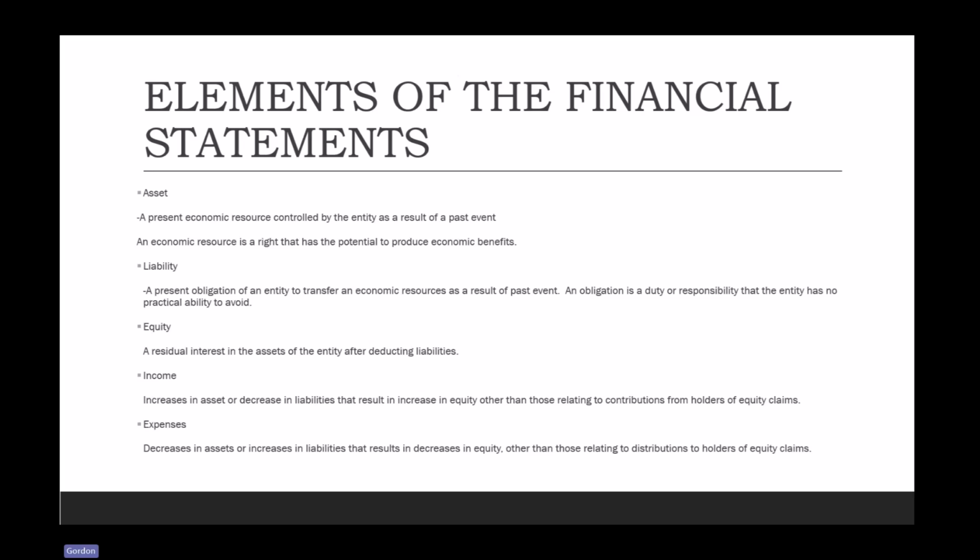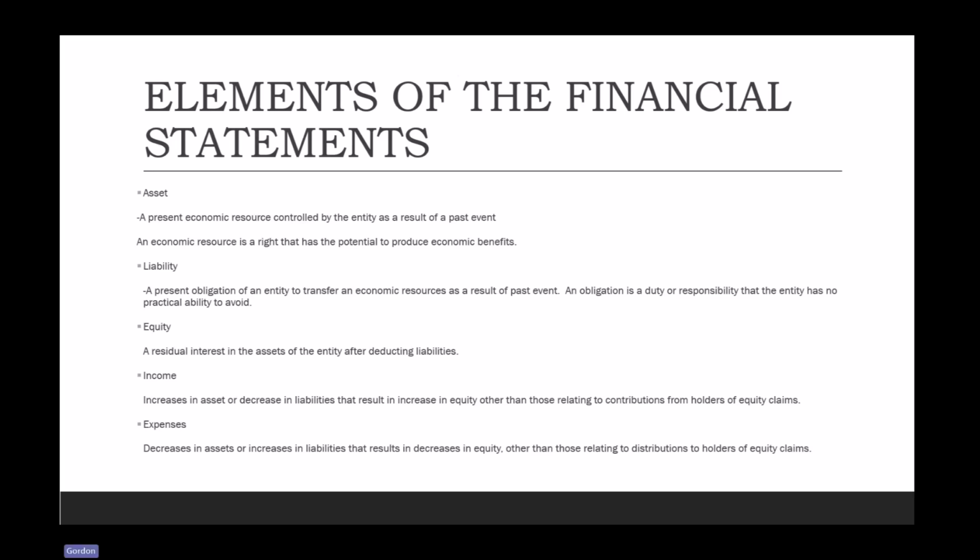But what is the definition of an expense? It says a decrease in an asset, right? It doesn't say because of sale, because there are so many reasons why an asset will decrease. It's not only through sale.